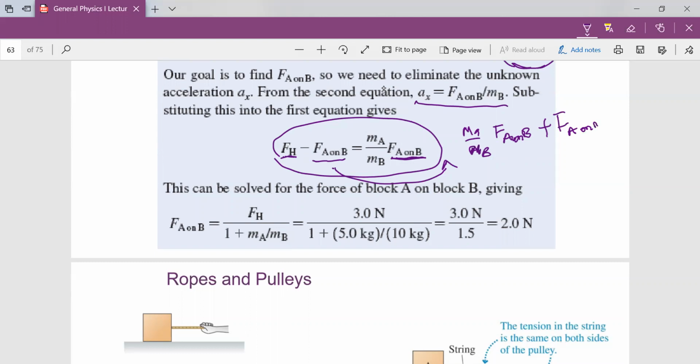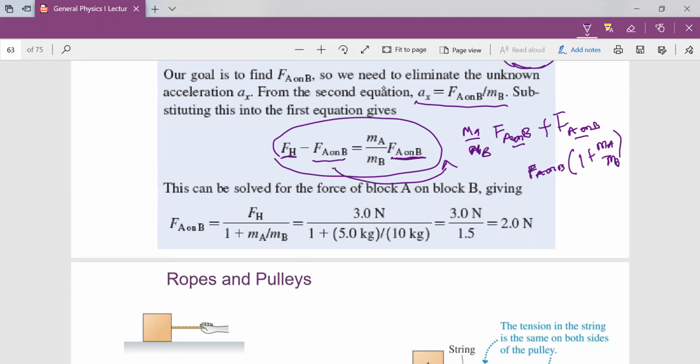So we see FA on B here, and we can actually write this as FA on B times (1 plus MA over MB).